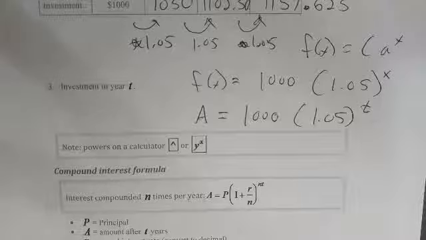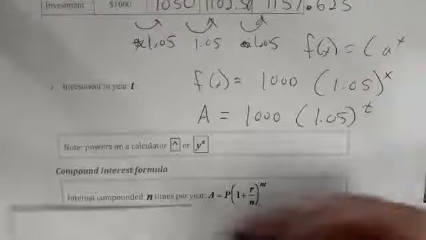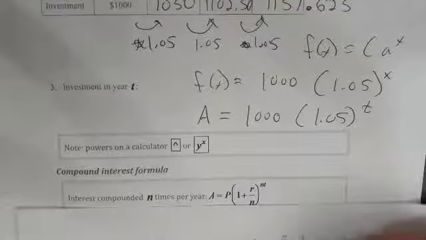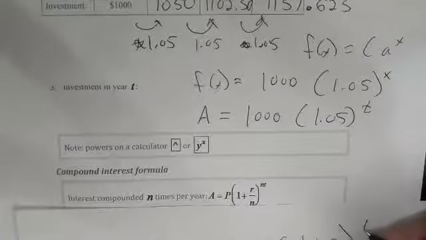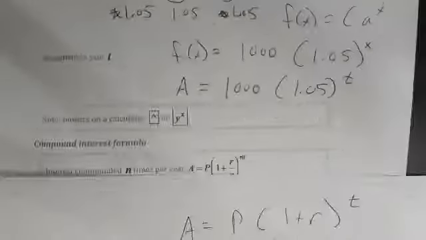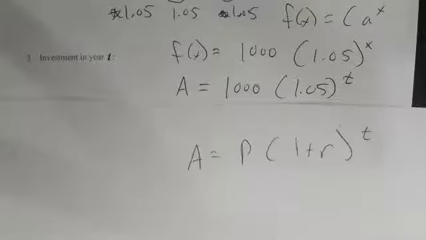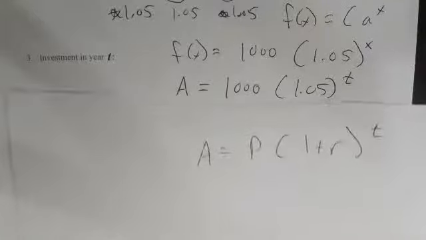Okay, in this previous problem, we basically did this, but our n was 1. So n is the number of compounding periods. In my other class, I actually introduced this one first. And if we look at this, this is exactly what we did with this problem.